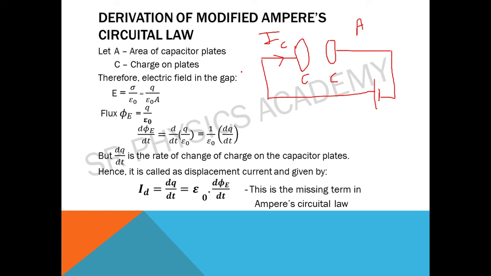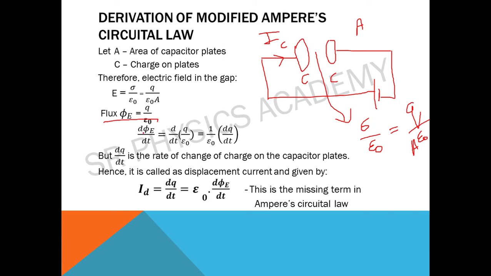We know the electric field in the gap will be sigma by epsilon naught, which can also be written as Q by A epsilon naught. The electric flux phi E will be given by Q by epsilon naught.